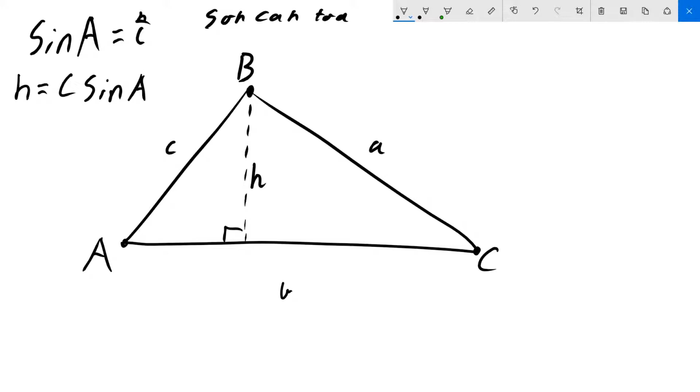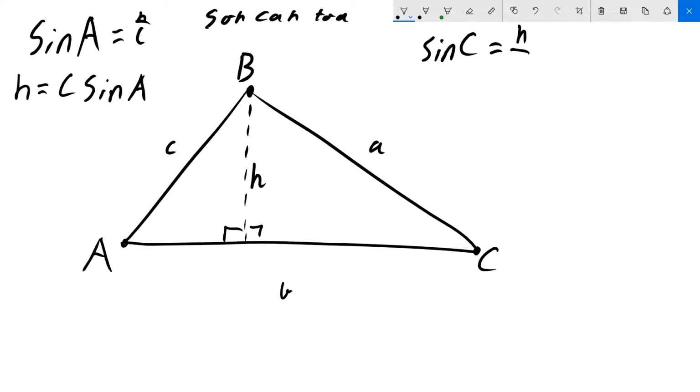A. Now I'm going to move to this angle here, C, and work out the exact same thing, but for sine capital C. Sine capital C is equal to the opposite, H, divided by the hypotenuse.